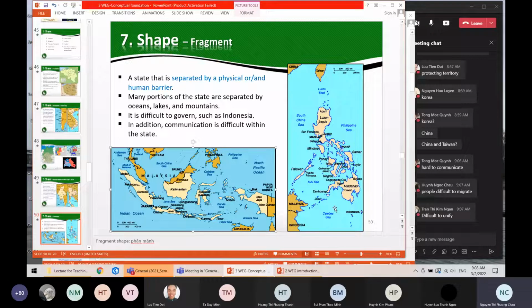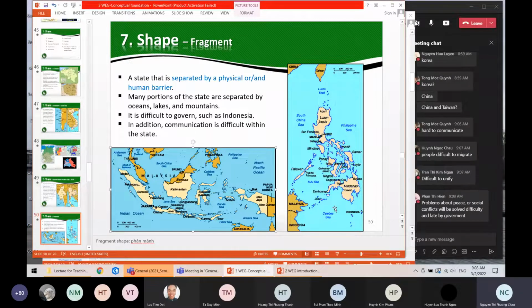Okay, so the first disadvantage we can see is difficulty with transport. Because it's difficult to transport, it's difficult for people to connect with each other and to communicate. And we can see as well that it's difficult for the government to communicate with people from different islands.